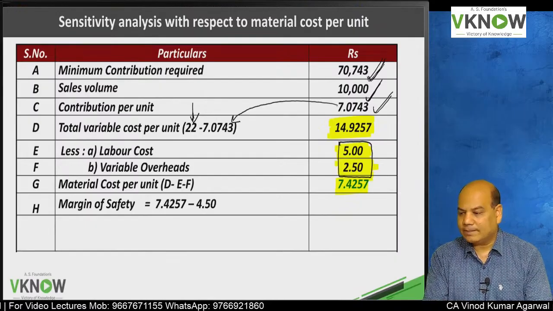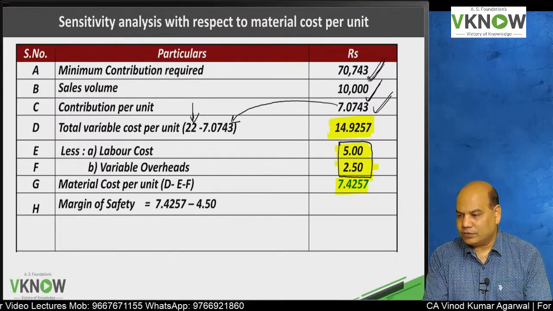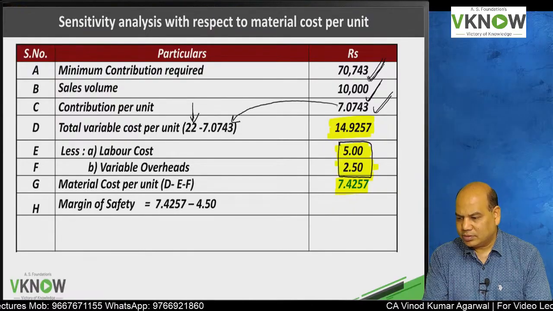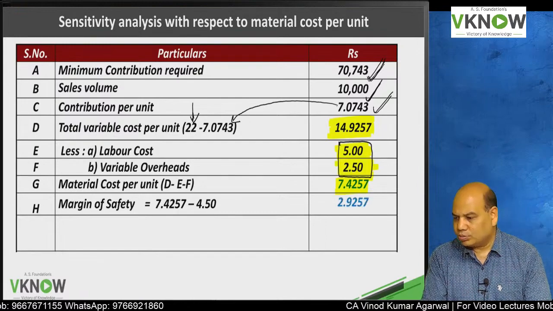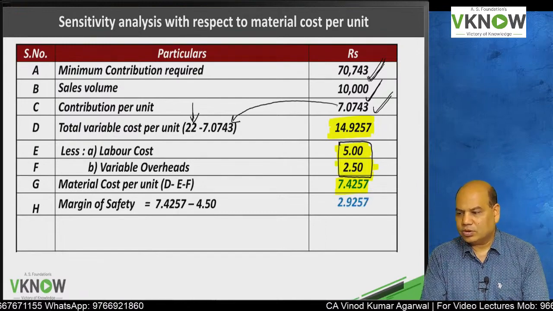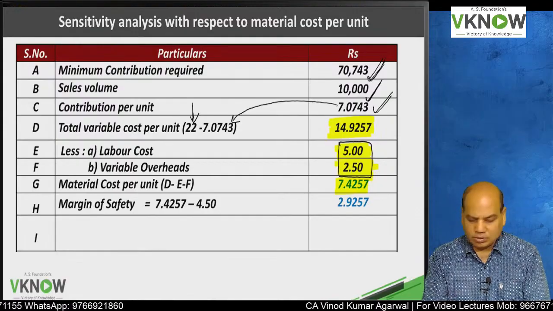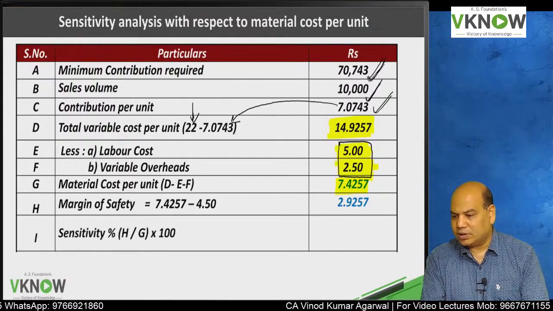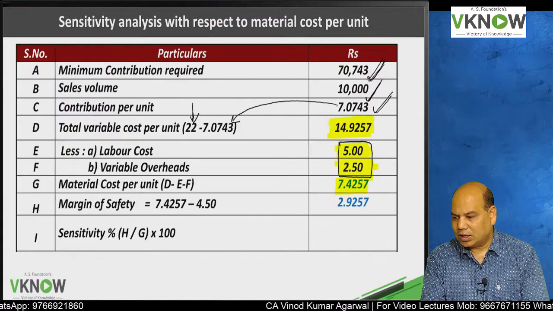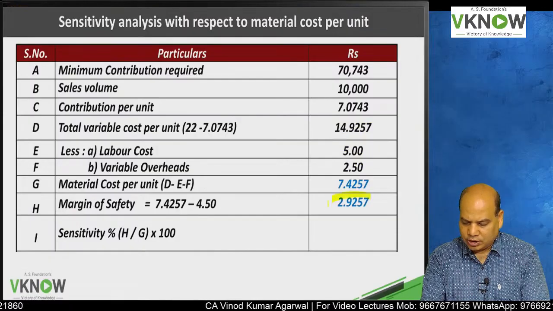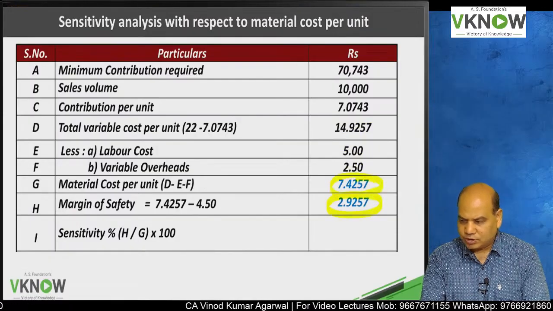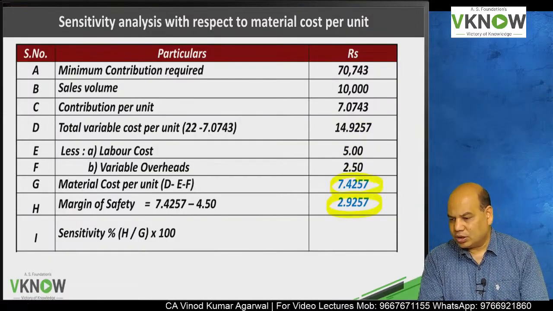Margin of safety will be 7.4257 minus 4.50, which is 2.9257, and therefore the sensitivity percentage is H upon G into 100.